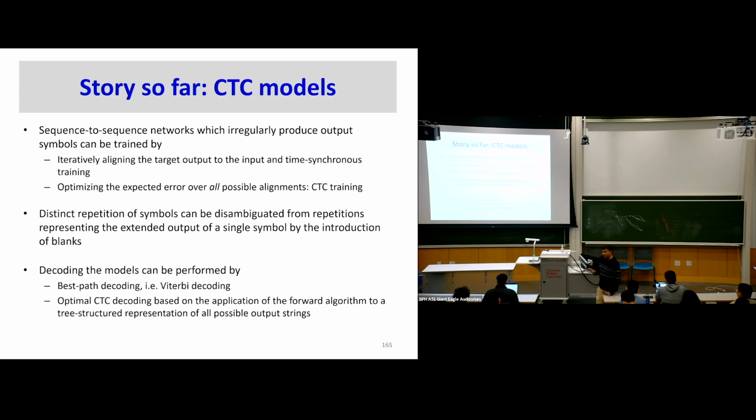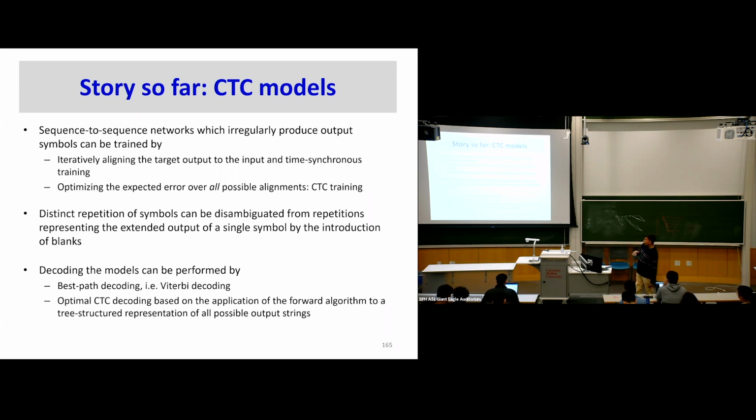So here's the story so far. Sequence-to-sequence networks which irregularly produce output symbols can be trained by iteratively aligning the target output and the time-synchronous training, or alternately by optimizing the divergence over all possible alignments. Distinct repetition of symbols can be disambiguated from repetitions representing extended output of the same symbol by introduction of blanks.